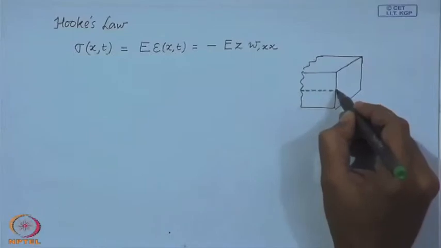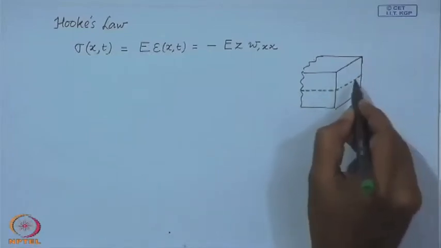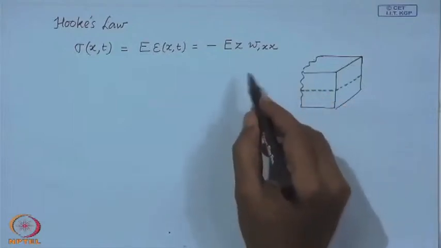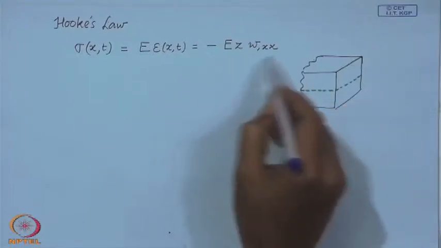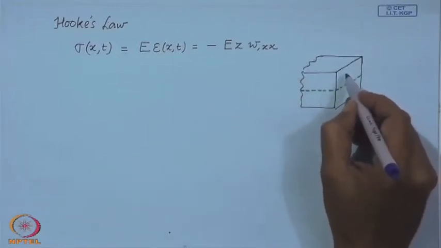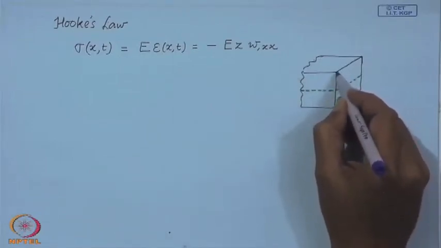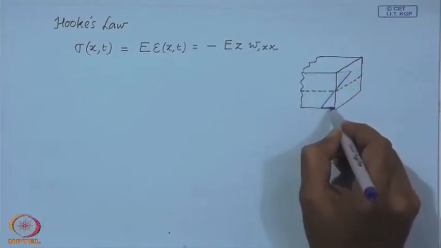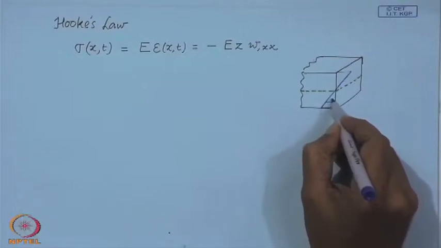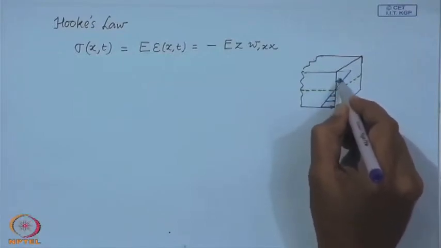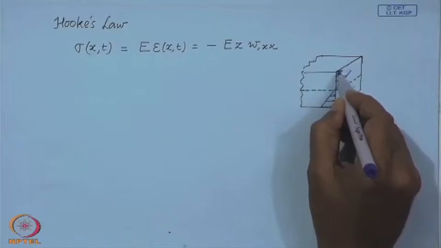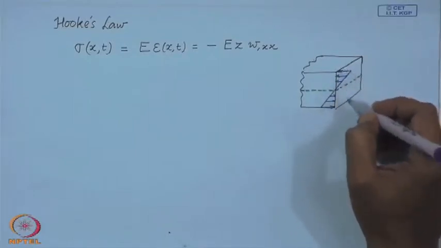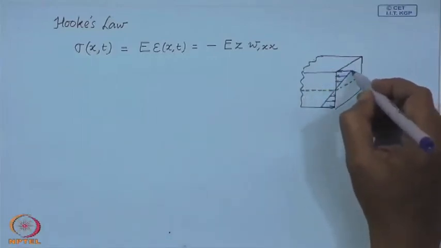This is the neutral fiber plane, and if you represent the stress, then if z is positive, we are measuring z from the neutral axis positive upwards.